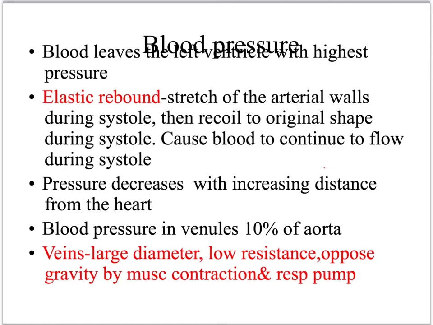So if you consider the importance of that elastic rebound, think about what would happen if we have atherosclerosis or arteriosclerosis, old term maybe hardening of the arteries. You'll actually get calcium plaque built up in some of these arterial walls. As you can imagine, that takes away this bounciness, this elasticity that's so important.